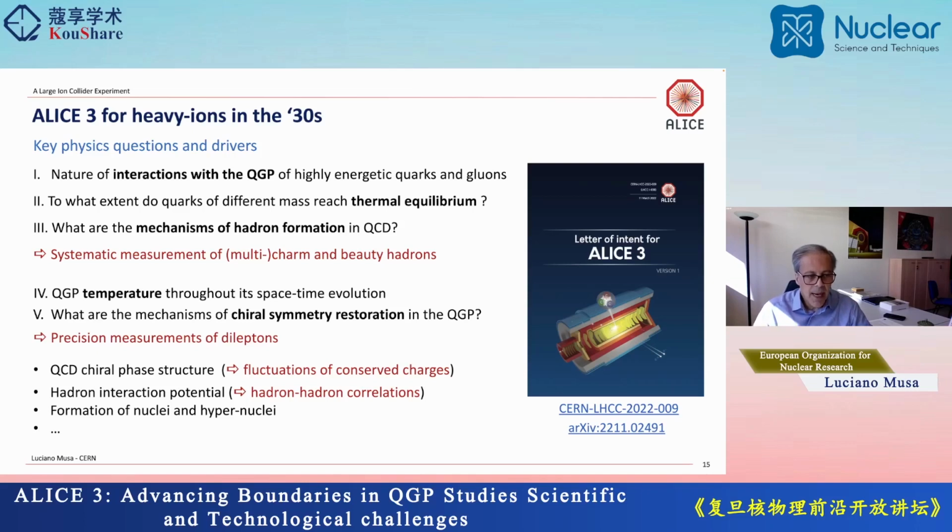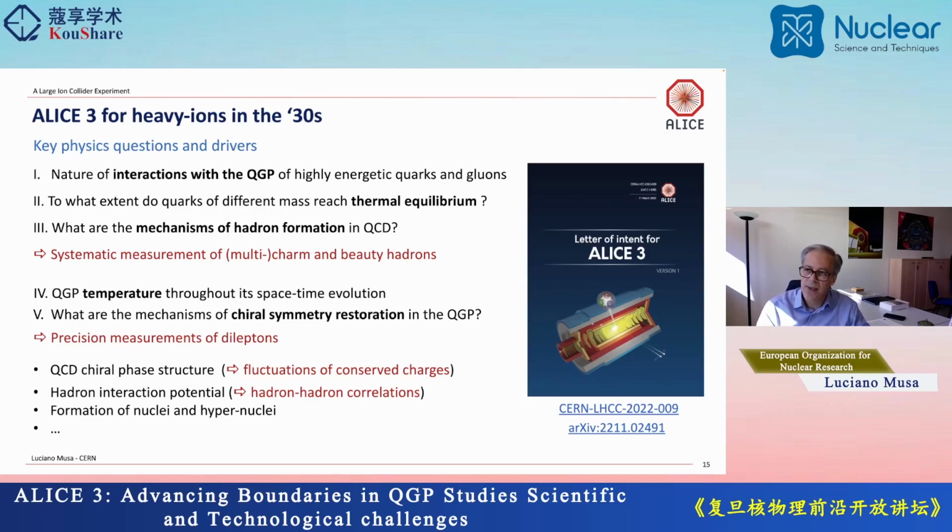Another important part of the program regards the measurement of the QGP temperature throughout its space-time evolution and the mechanism of chiral symmetry restoration in the QGP. And for that, we aim at very high precision measurement of dileptons.